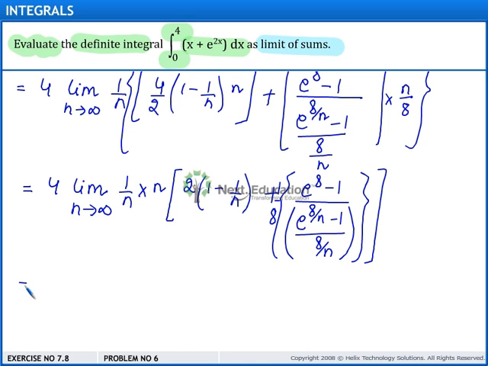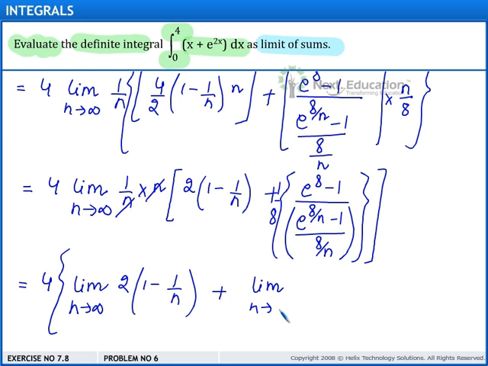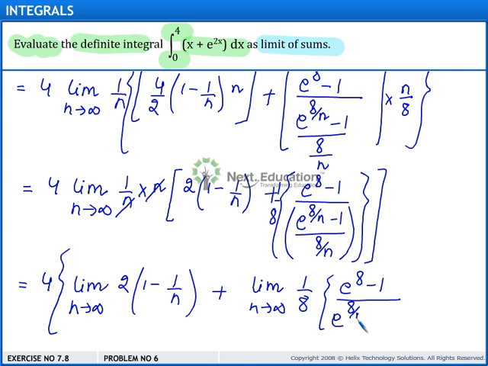now this is further equal to 4 times limit as n approaches to infinity. Now opening the bracket, here n cancels out with n, we have 1 minus 1 upon n plus limit as n approaches to infinity 1 upon 8 into exponential raised to the power 8 minus 1 divided by exponential raised to the power 8 upon n minus 1 divided by 8 upon n.